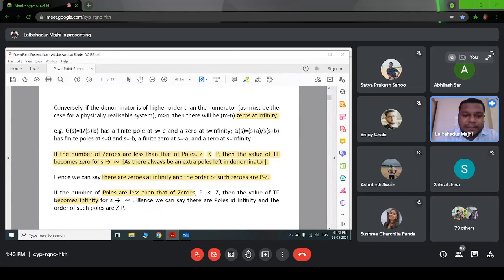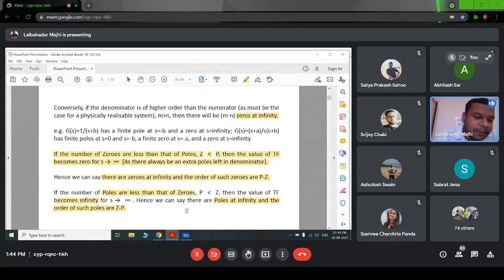So at that time we have poles at infinity, because our transfer function becomes infinity, and we know that for the value of poles our transfer function becomes infinite. So we can conclude that there will always be the same number of poles and zeros. Either the poles or the zeros may be at infinity.